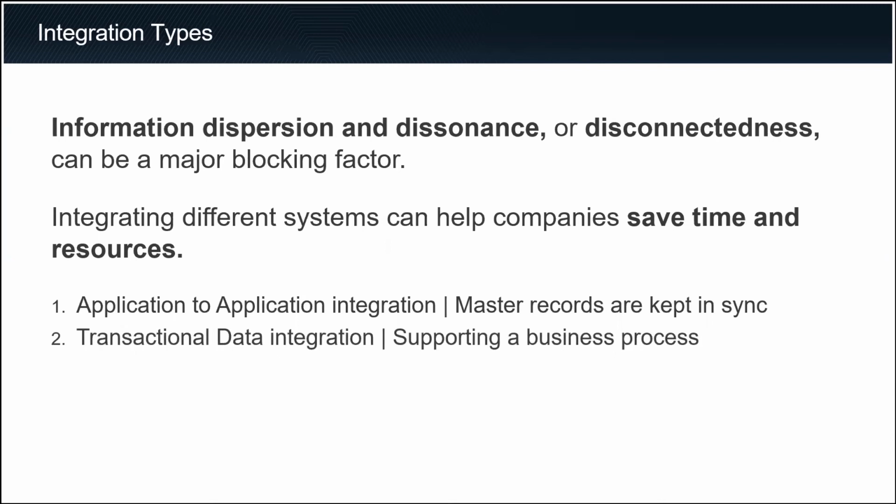The second type of integration that we see in practice in organizations is transactional data integration, and this is typically in support of a business process. So this helps you execute your business process more effectively. This is typically an integration like work costing that needs to be integrated from one system to the next.